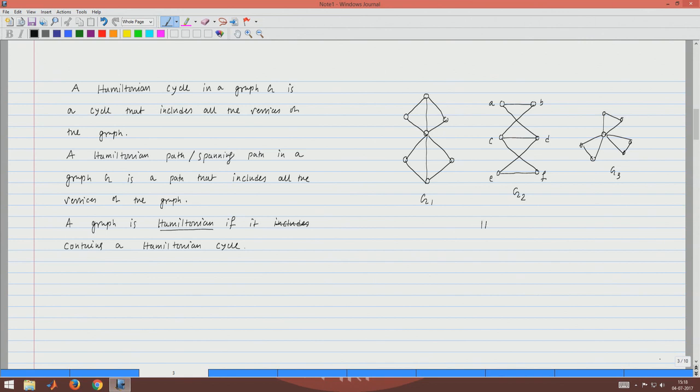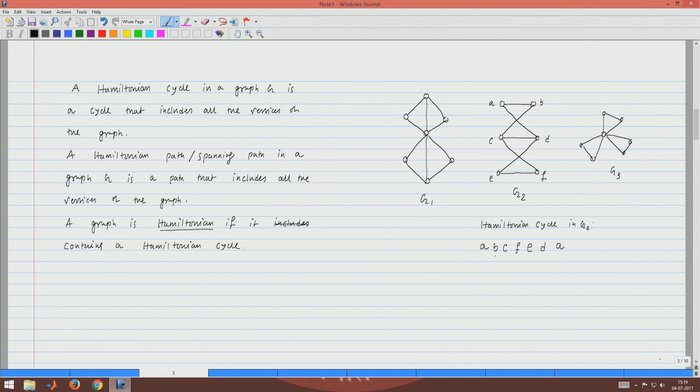A Hamiltonian cycle in G2 could be A, then go to B, from B you go to C, and from C you go to F, and go to E, and then D, and then A again.